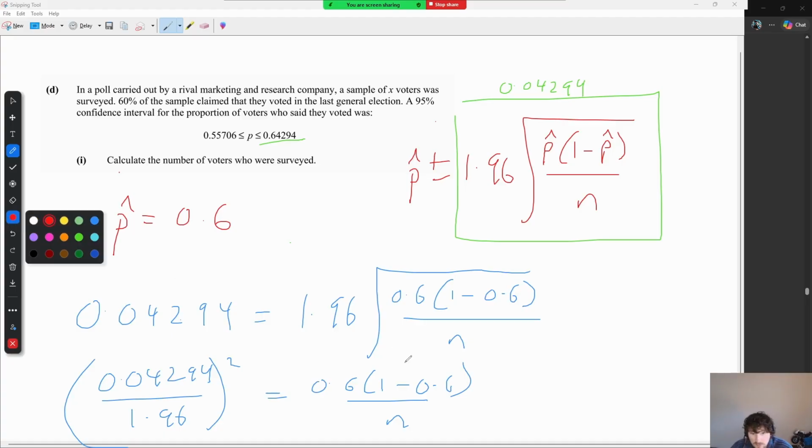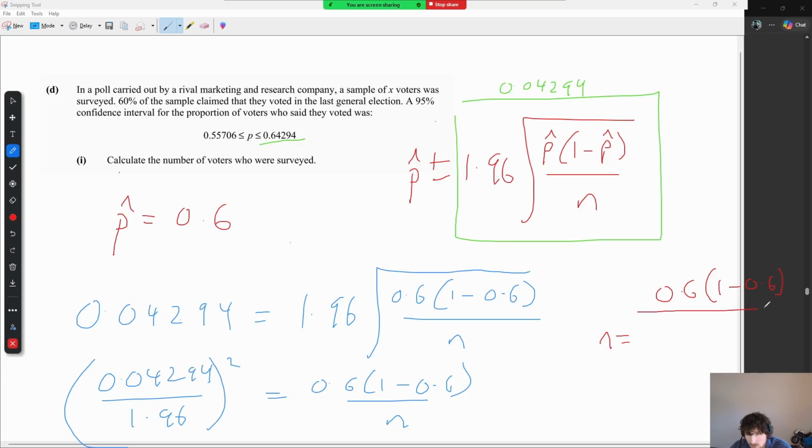And you could do a pretty blunt force move here to get n on its own. You bring the n up here and then you divide by all of this. So n would be equal to 0.6 bracket 1 minus 0.6 and then all over this thing in a square root. That's where you want to get. You want to be good at moving numbers around like that. It's good for you and it's good for the examiner.